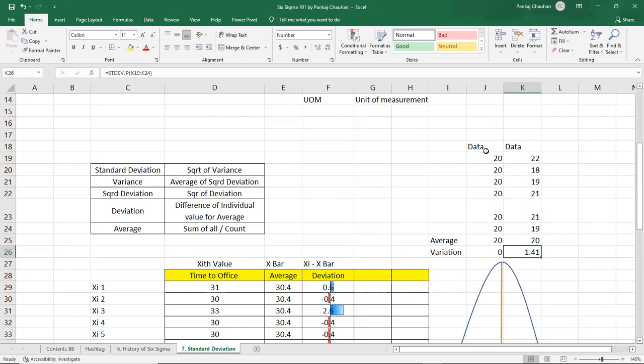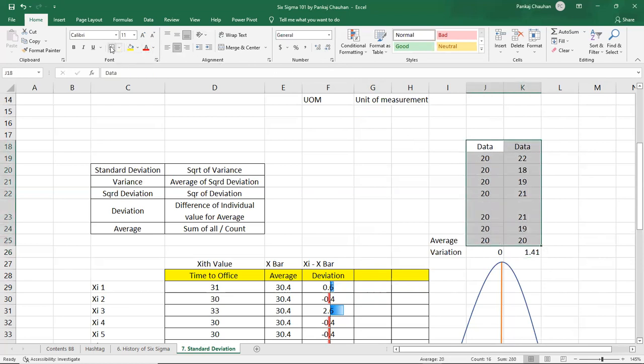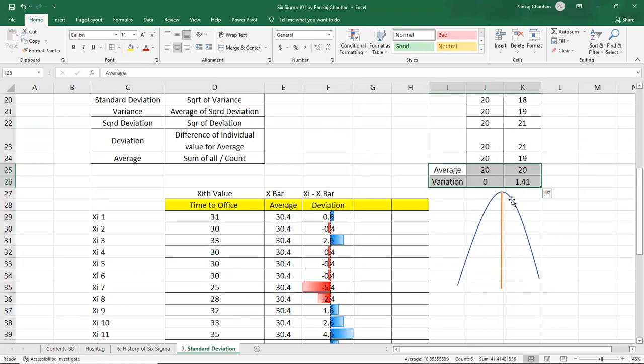Why? Because I do not have the consistency in the second data set which is available in the first data set. So when all the values are same, they are consistent, variation or standard deviation will be 0. In case any value differs, because of that difference, my variation will be greater than 0. So your standard deviation cannot be 0 in case there is any value difference, and it has to be greater than 0, and it is always positive.